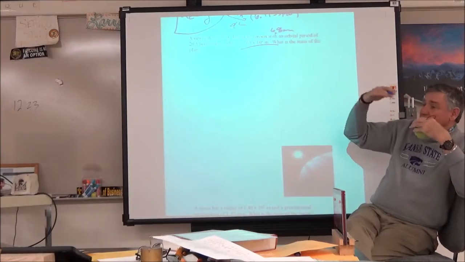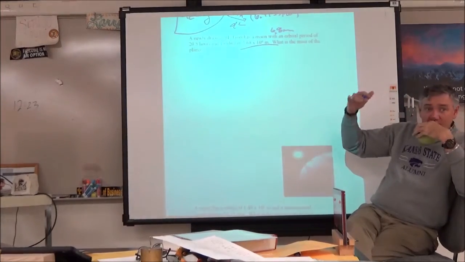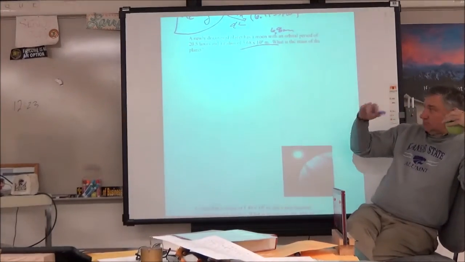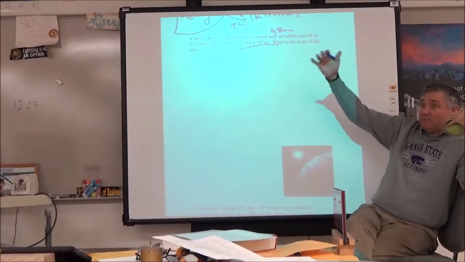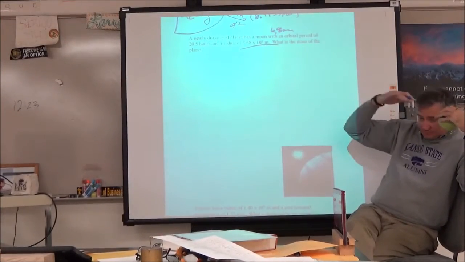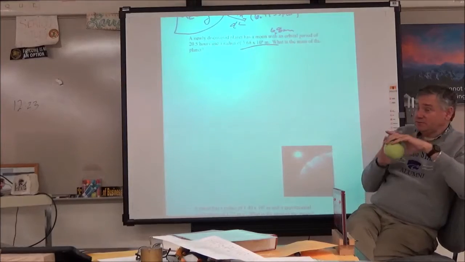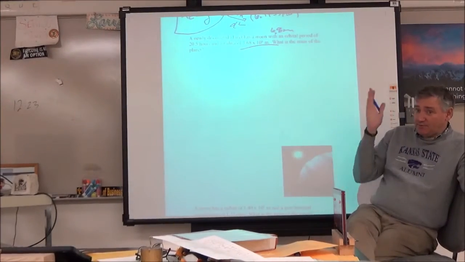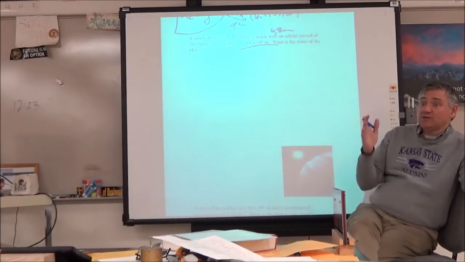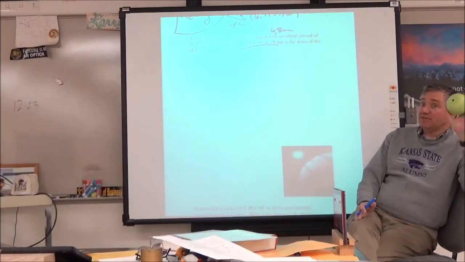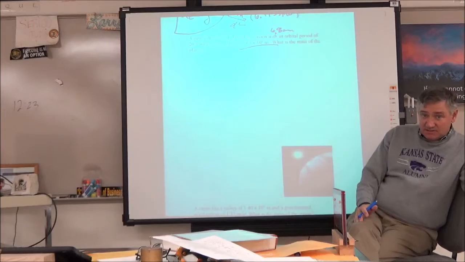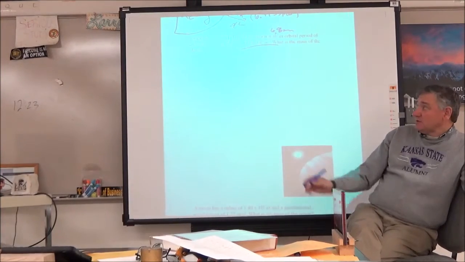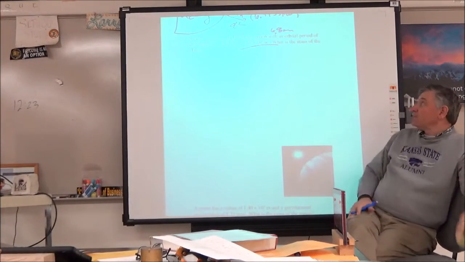The only time you have to add in the radius is if I tell you, oh, it's 5 kilometers above the surface. So if I tell you it's the orbital radius, don't add anything to it. That is the number. The only time you have to add anything is if I say it's a certain distance above the surface. So that's the number, here you go.